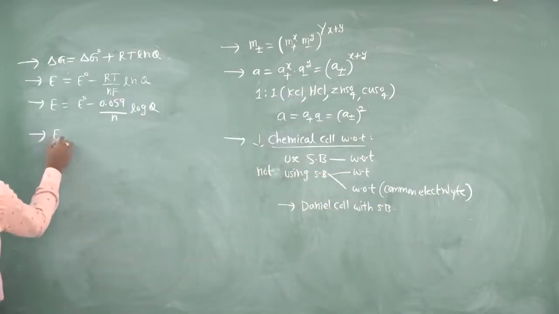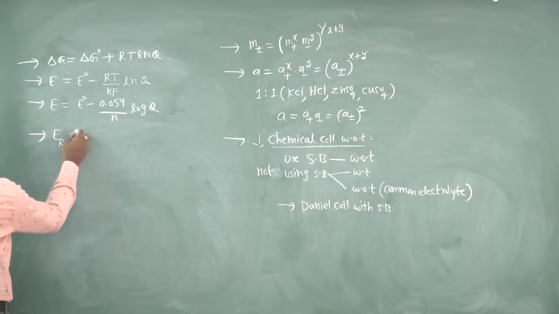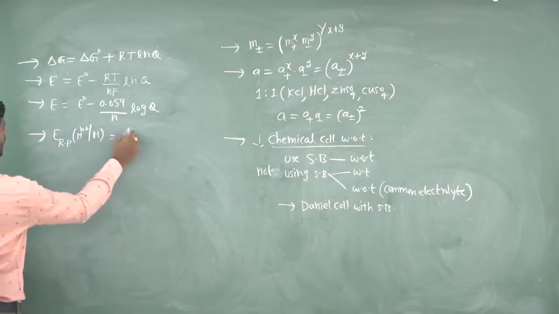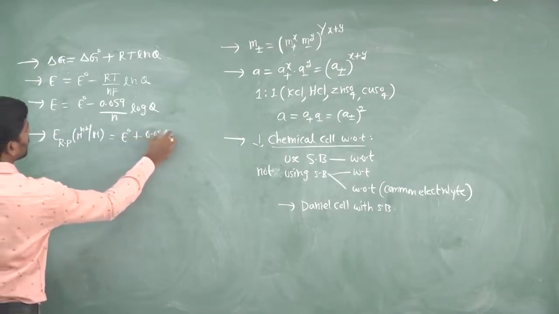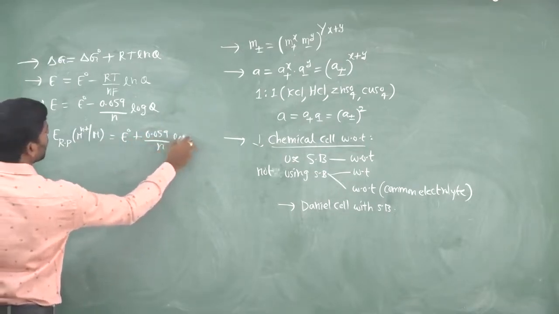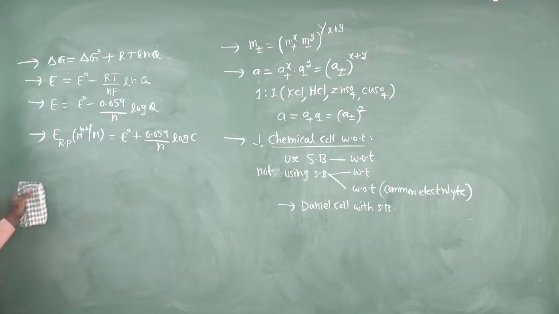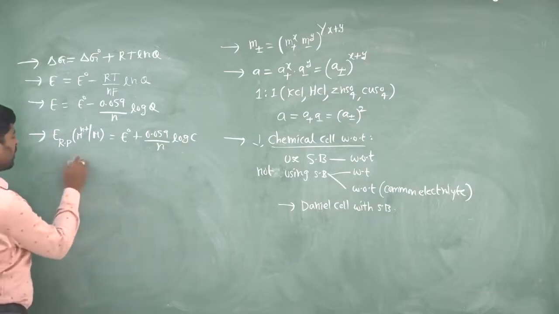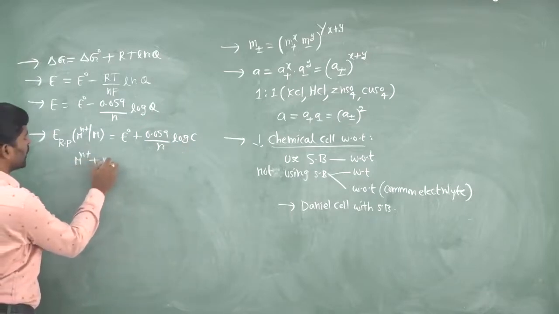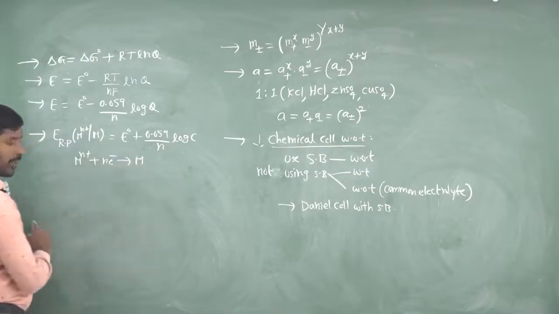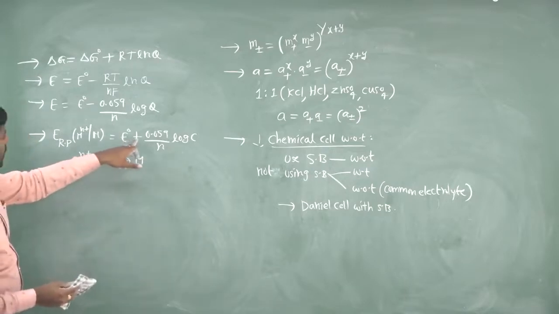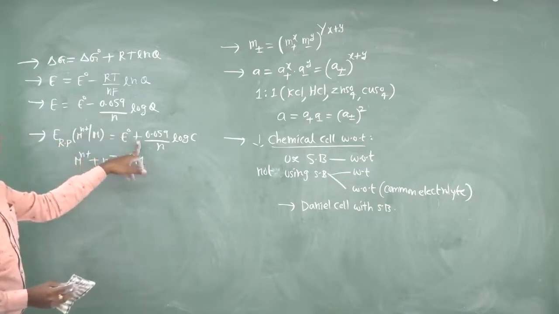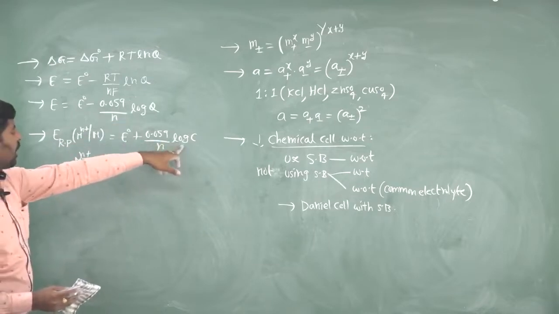How to calculate reduction potential for a metal ion electrode? E0 plus 0.059 by n log concentration of metal ion. Otherwise, just by one step we will get it, no need to remember. E is equal to E naught, and instead of writing minus, I am writing plus 0.059 by n log.